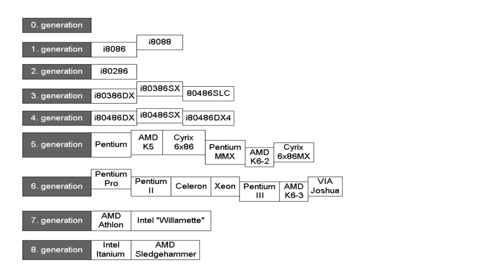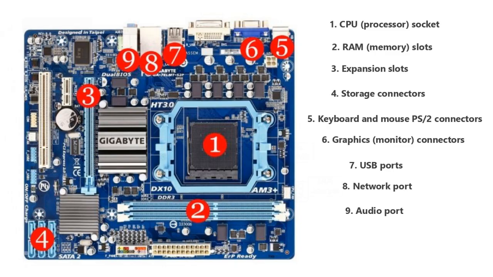In the fifth generation, in addition to Pentium, there is something else like AMD, another company that also produces processors, and Cyrix also. Then there is the Celeron, in the sixth generation microprocessors. The Celeron processor is a little bit cheaper.